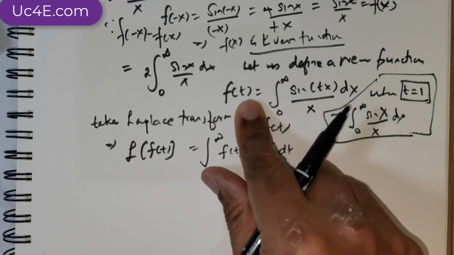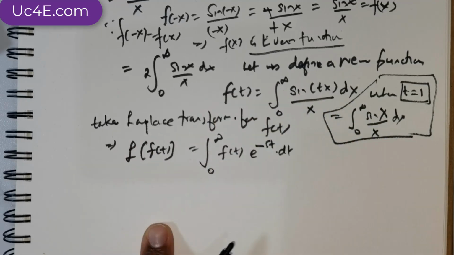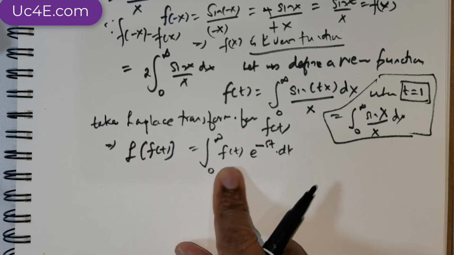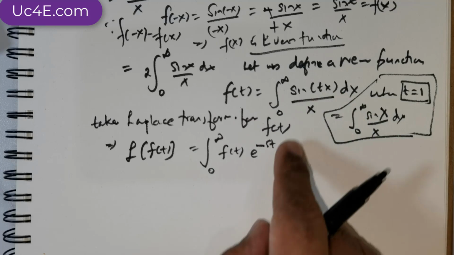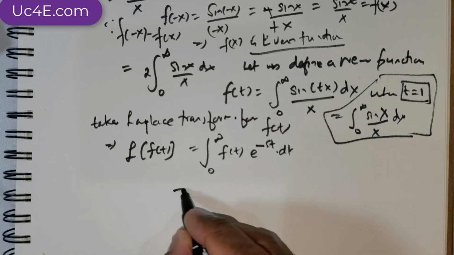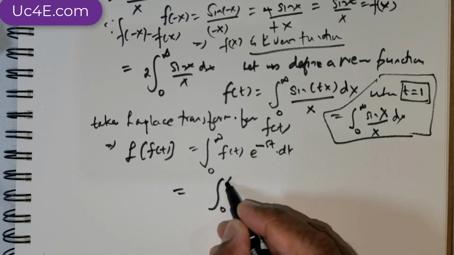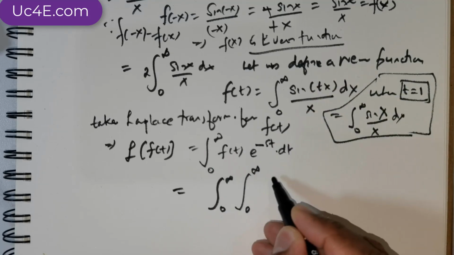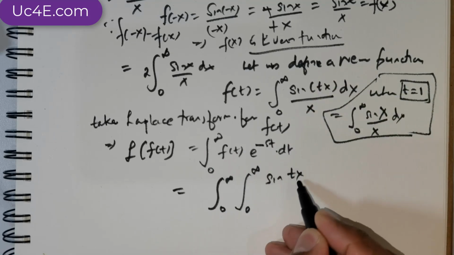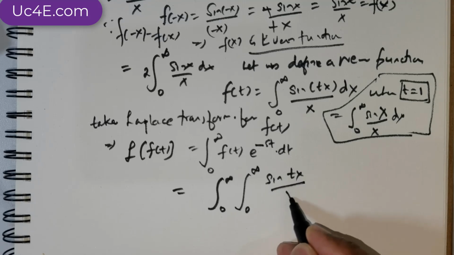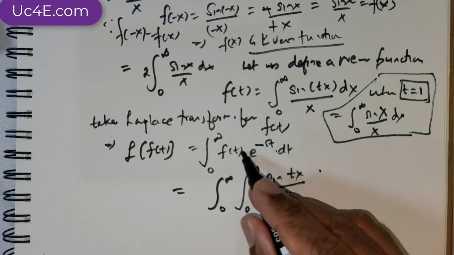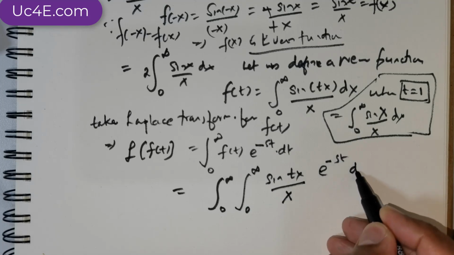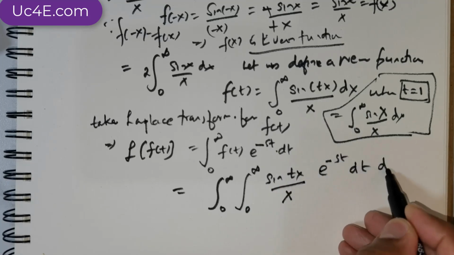I'm taking f of t to be this, and then I'm taking the Laplace transform of the function, and the Laplace transform is defined in this fashion. But f of t is this, so take this and substitute it here. So this is equal to the integral from 0 to infinity, in place of f of t, substitute this: integral from 0 to infinity of sine tx divided by x, and you have e raised to the power of negative st, and you can place dt and then dx.